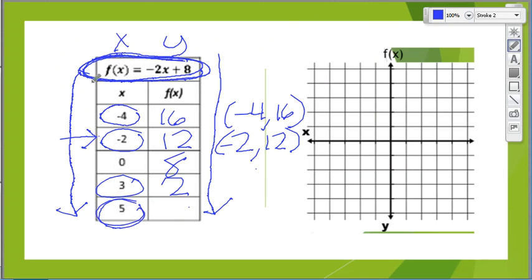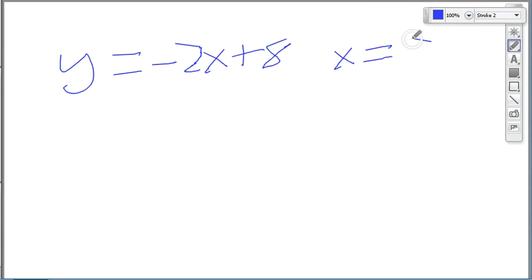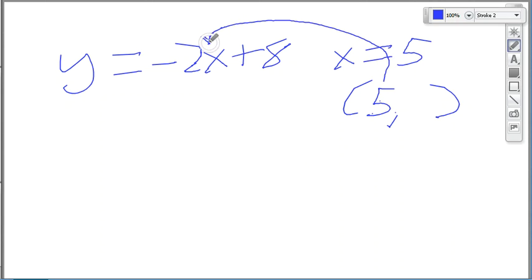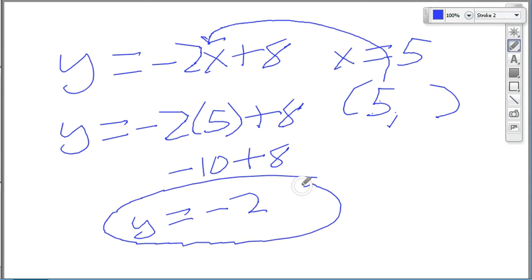And when we let our x equal 5, to figure out what the y is, we're going to plug the 5 in for the x. In this equation, we write it just like it is, but instead of the x, we plug in 5. Negative 2 times 5 is negative 10. Negative 10 plus 8 is negative 2. Y does equal negative 2.